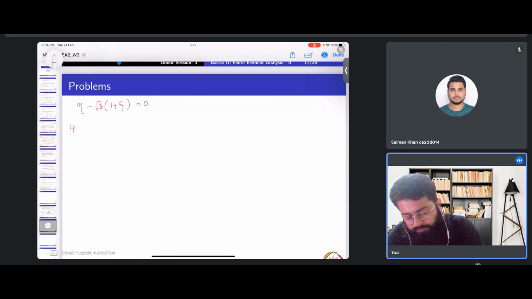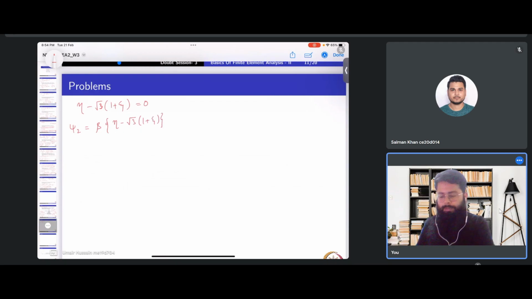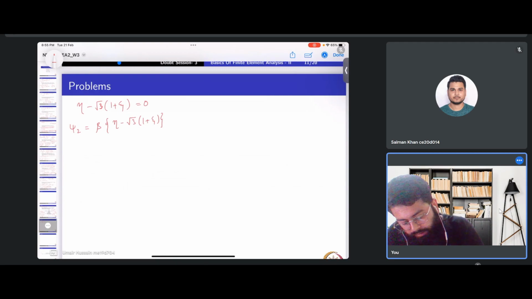So shape function at node 2 can be written as some constant beta times eta minus root 3 times 1 plus zeta.